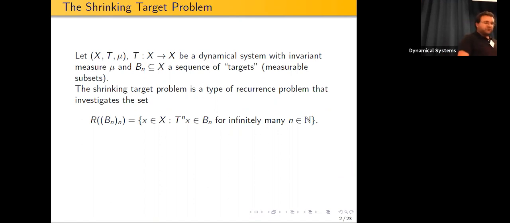And what you want to study is the set of all points that hit these targets infinitely often. And because the target can move with every iteration, you have a lot more flexibility than having a certain fixed set or just a single target. Anyway, so this shrinking target problem is just this recurrence to this moving target, usually shrinking.